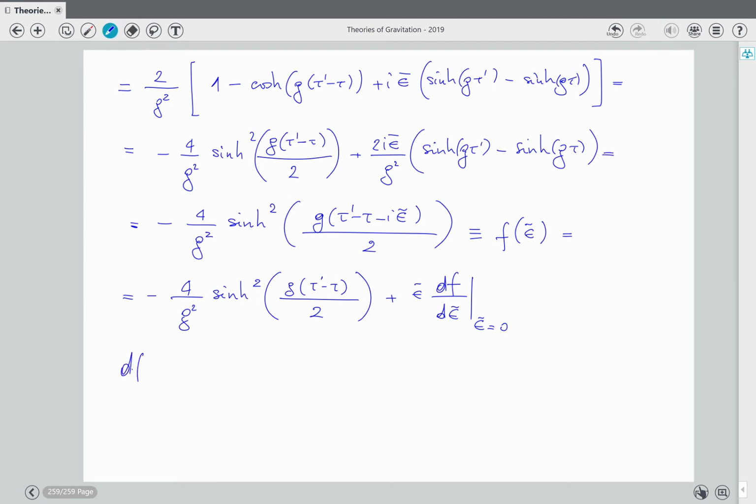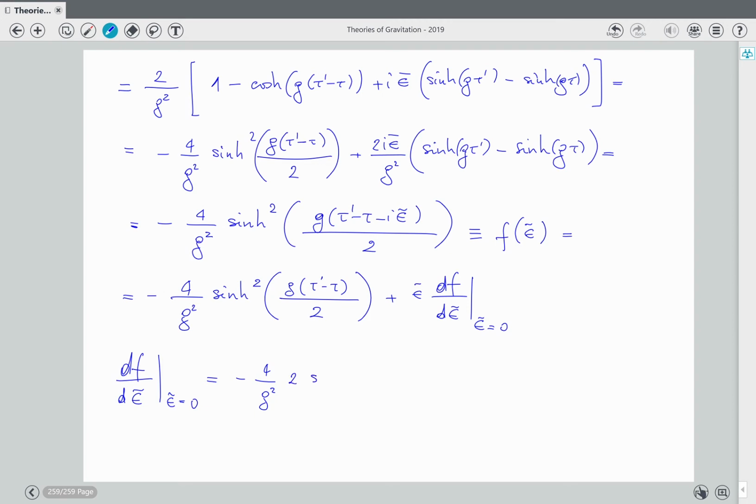So let us calculate this derivative in 0. That is minus 4 divided by g squared. Then there is a 2.